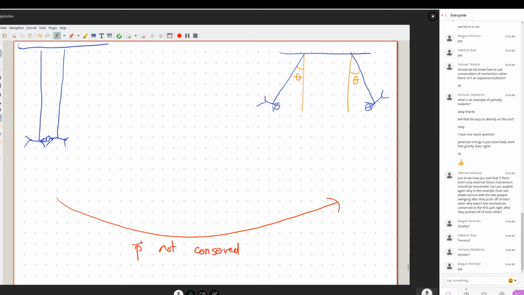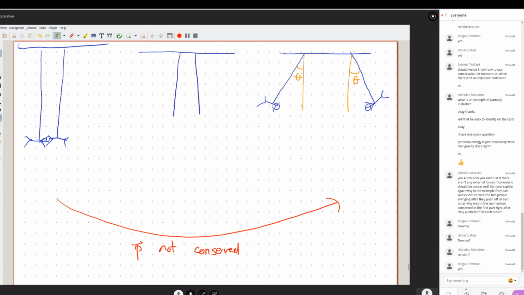These two might have been different angles. I don't remember exactly what you were given in this problem. It wasn't a problem that I wrote.